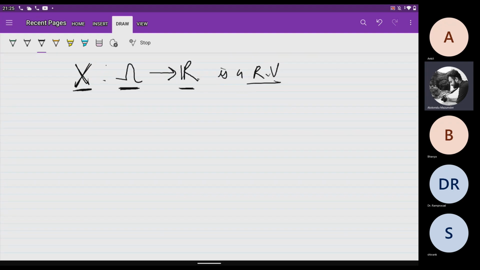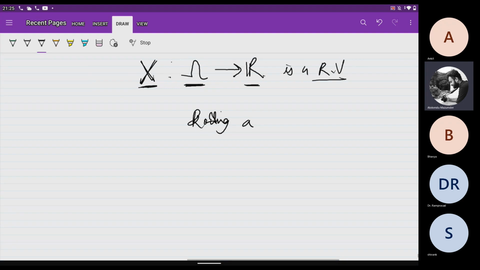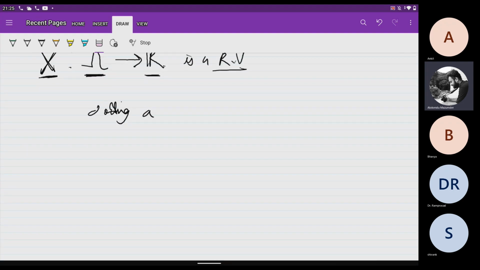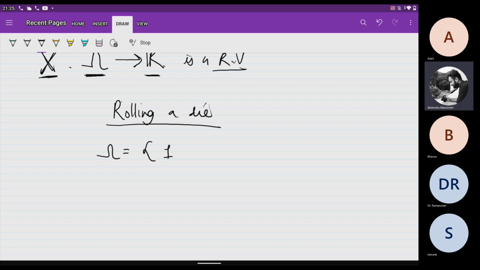Let's say that I am rolling a die. What will be its sample space? One to six.